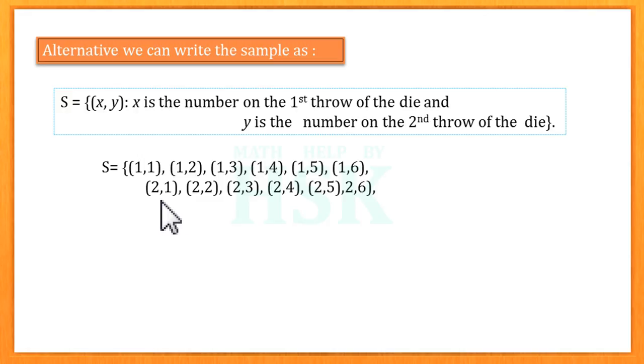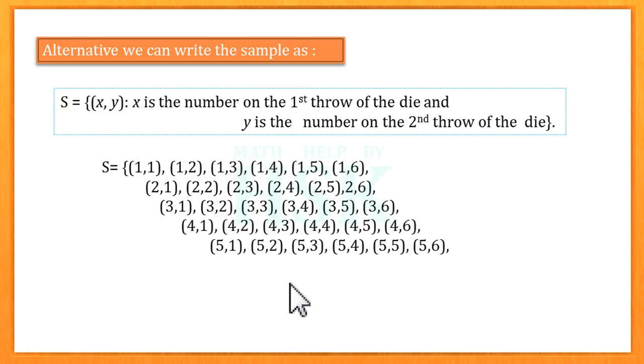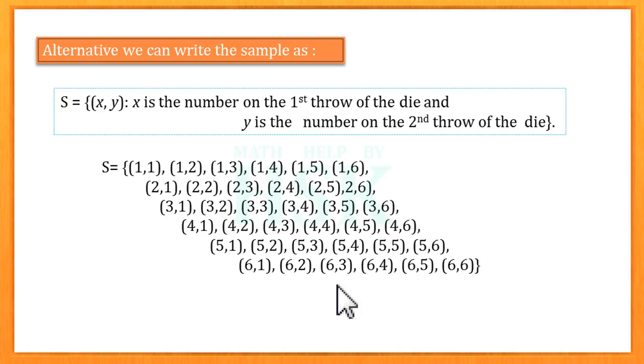Therefore we get 2 1, 2 2, 2 3, 2 4, 2 5, 2 6 as outcomes. Similarly, we can describe the outcomes when 3, 4, 5 and 6 are obtained on the first throw and then the second die is thrown to obtain the complete sample space.